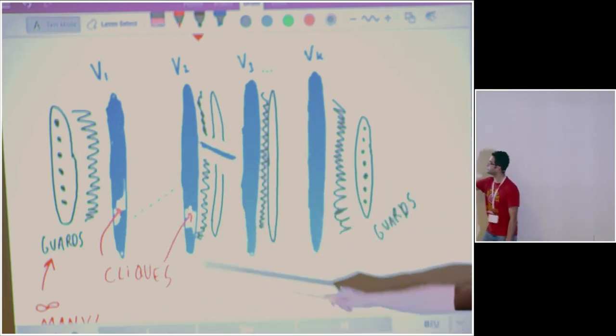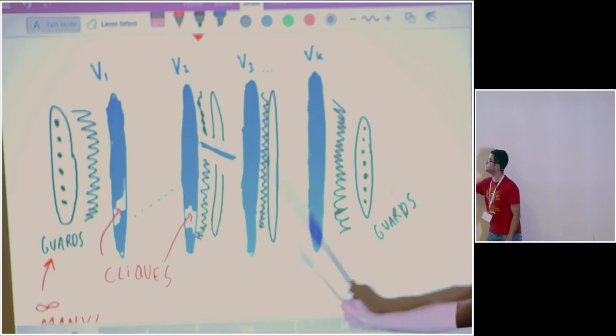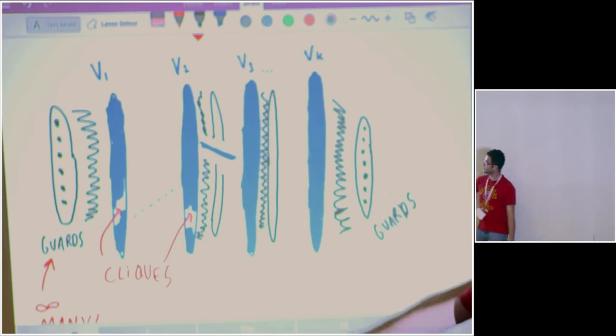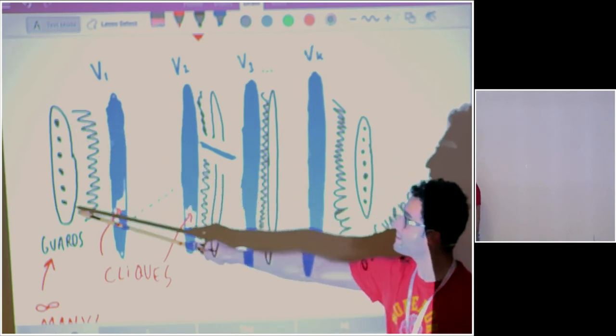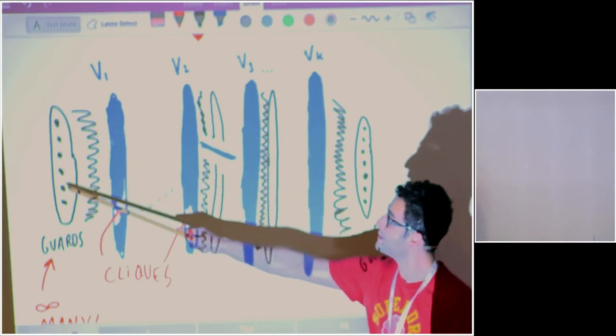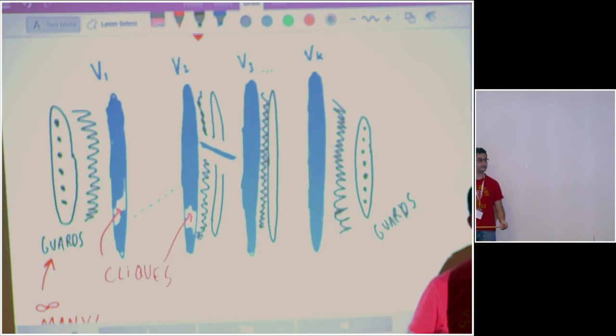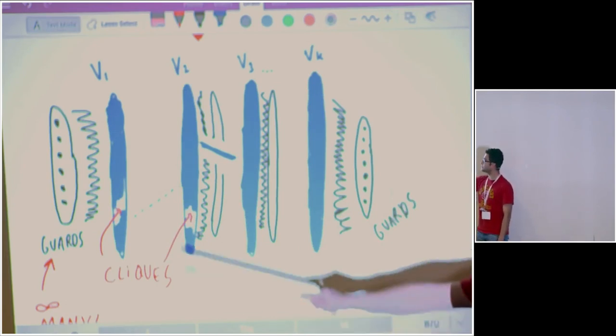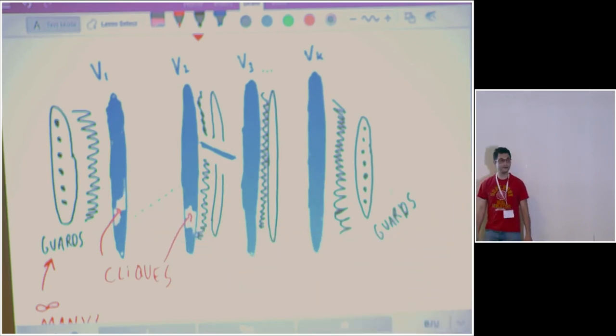So I put some guards on v1, I put some guards on v2, v3, up to vk. And they see all the vertices of v1. Yes, so this is an independent set, and I have a complete bipartite graph between the guards and v1. Okay? So now notice that if I pick a vertex in v1, then I dominate all of the guards.